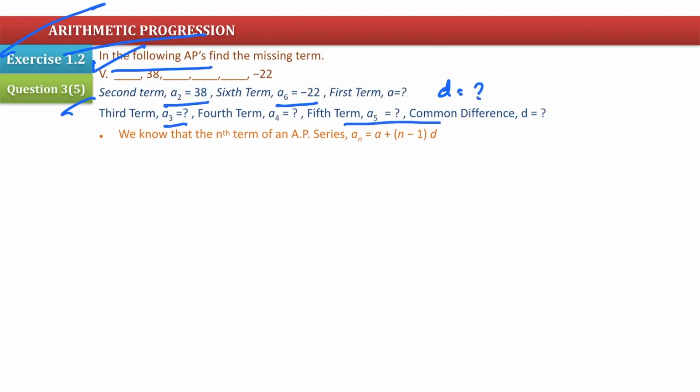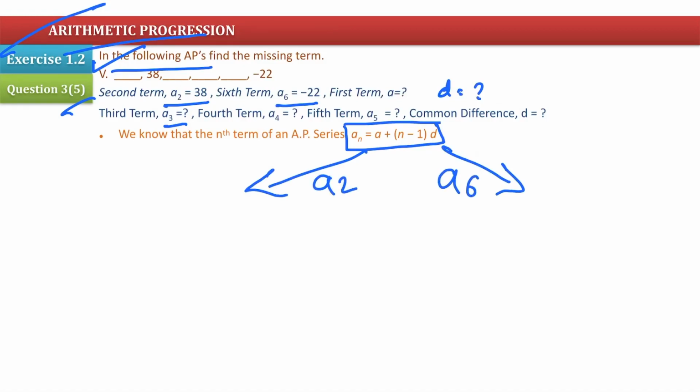See, this formula I am going to use for A2 and I am going to use it for A6, because we know that A2 is 38 they have given, and we know that A6 is minus 22 they have given. Okay, now I assign the value like this.